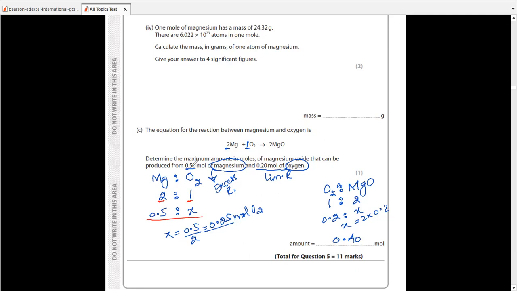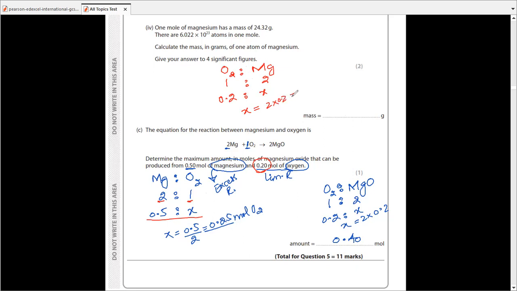You can either use magnesium's value to find the value of oxygen required, or you may use oxygen's value to find the value of magnesium required. I can also work the other way around. For example, I can put oxygen first, magnesium after, take the values from the equation, 1:2, then take the value from the question, 0.2. This would give us how many moles of magnesium we require.